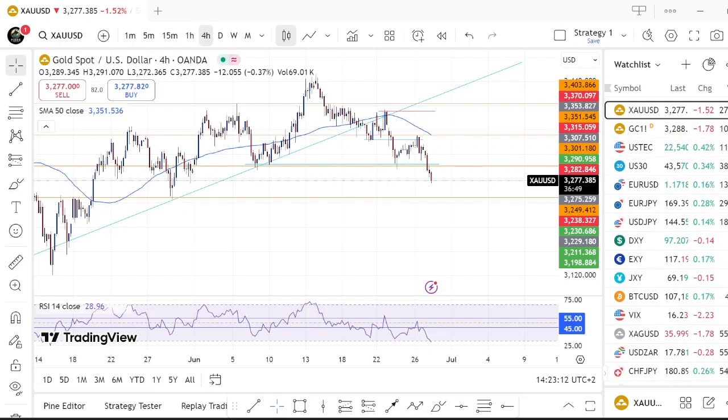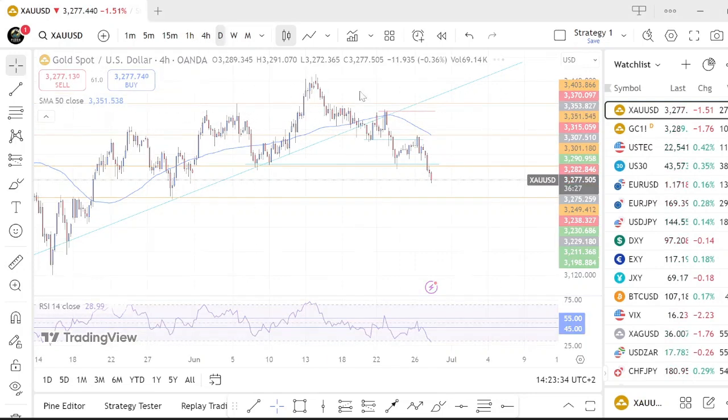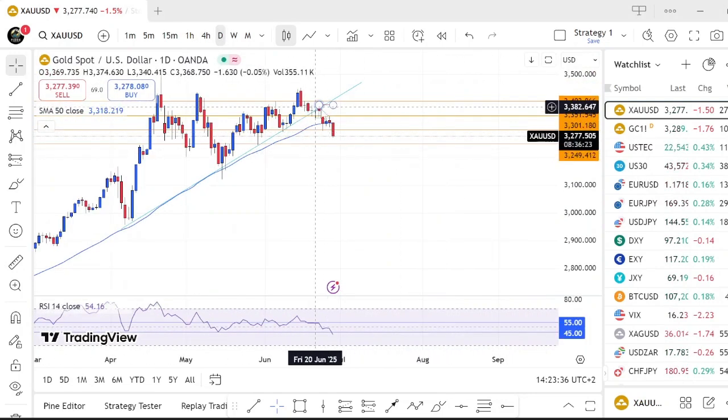On the 4-hour price chart, price is trading below the 50 SMA, showing bearish momentum on the RSI, trading below 50, trading below 45, above 30. We are tapping that 30 zone currently, and we could be heading into overextended territory shortly. Also on the daily time frame, we have broken past the 50 SMA line towards the downside, which adds to the bearish confluences.